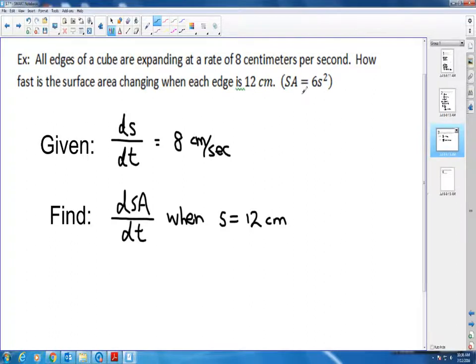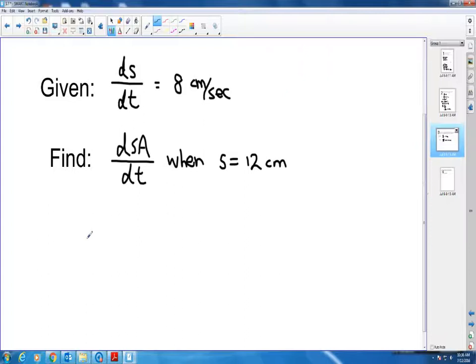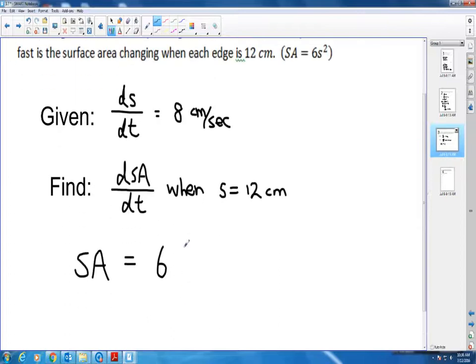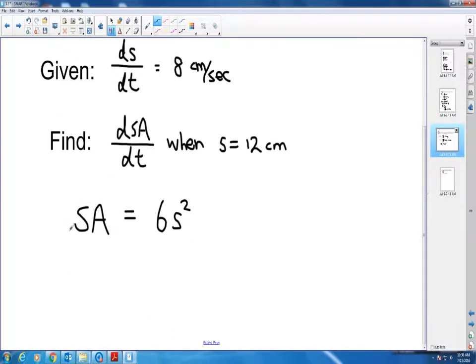Alright, so the problem is asking how fast the surface area is changing. The surface area for a cube is 6 times s squared. So that's the formula I'm going to use. I'm going to take a derivative of my surface area with respect to time.